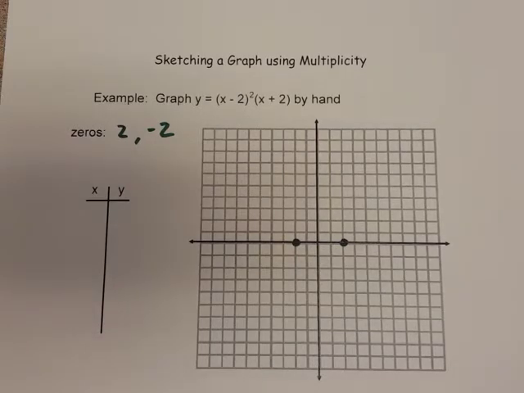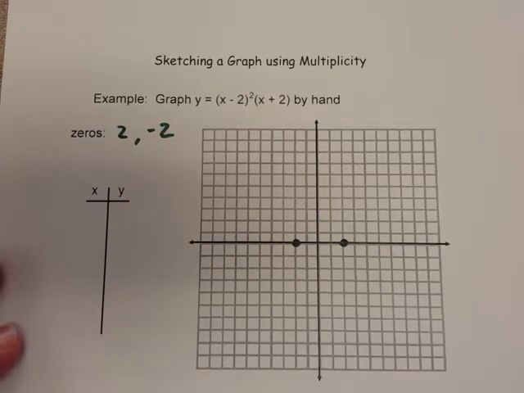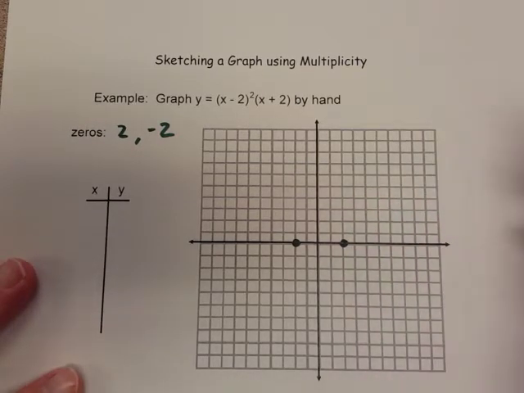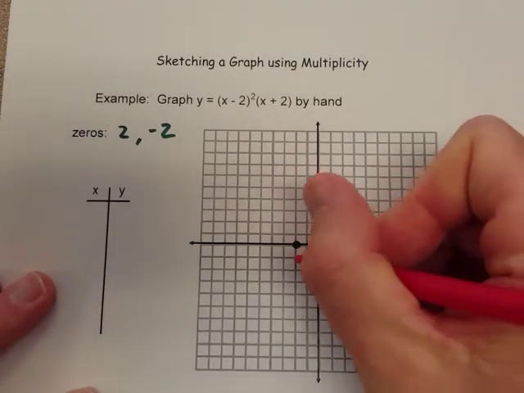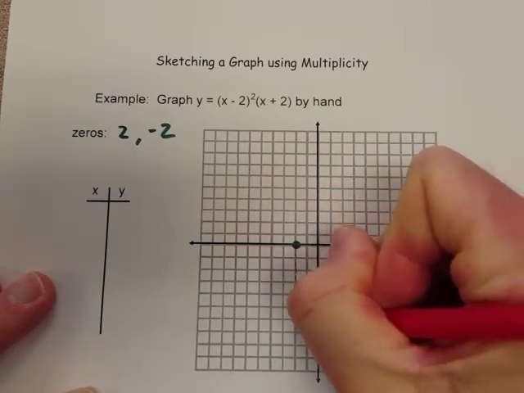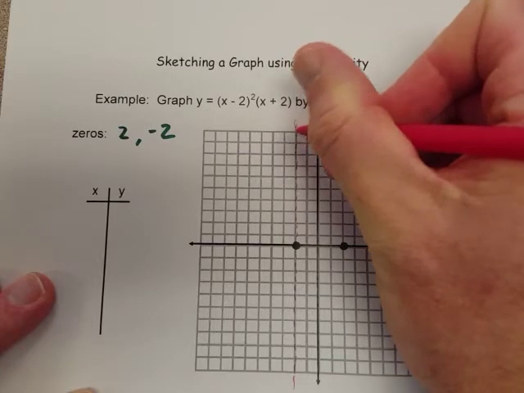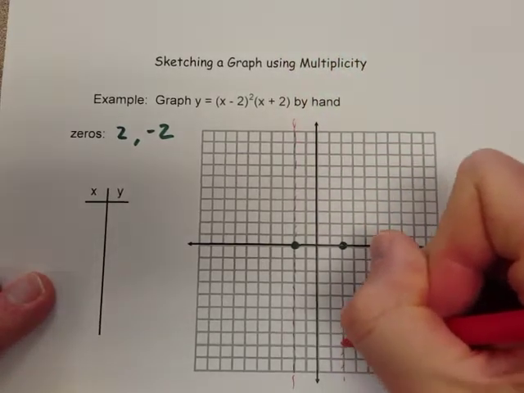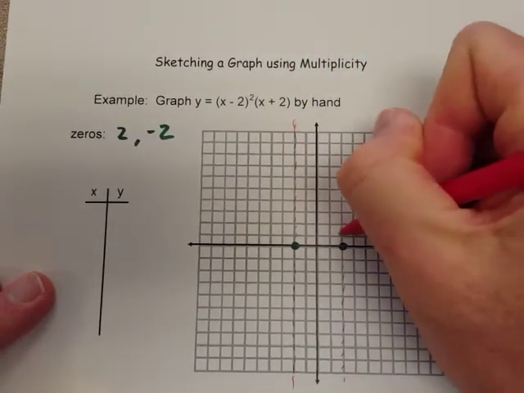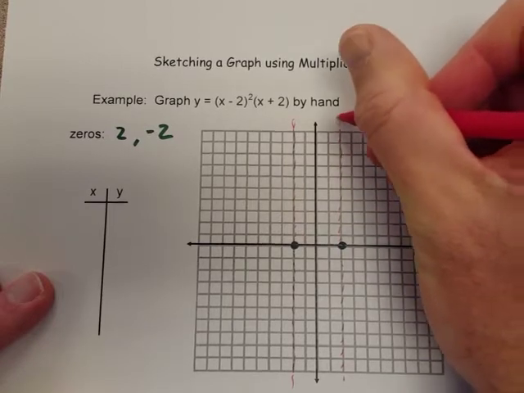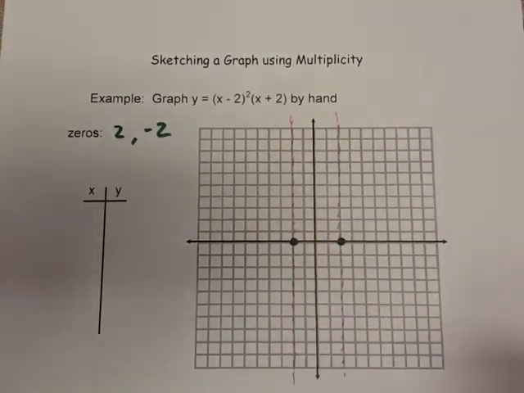Now, what I like to do when I have those zeros, and this will make more sense after we really start getting into this graph, is make those my vertical boundaries for this graph. So I'm going to draw in this really faint red line right now, just so that we have a little bit of a boundary to think about. We're going to use this as far as selecting points.